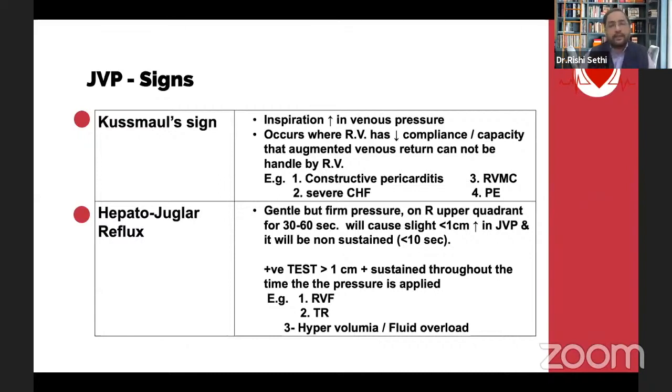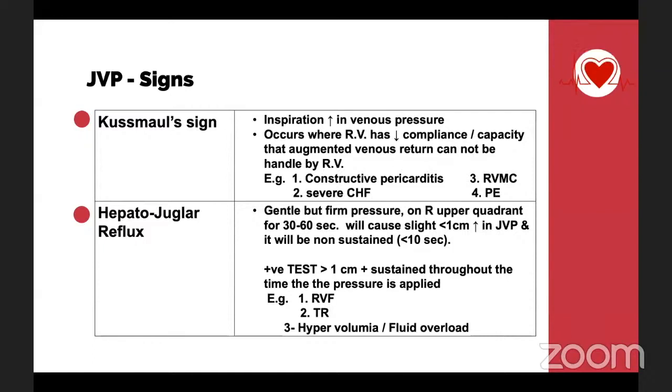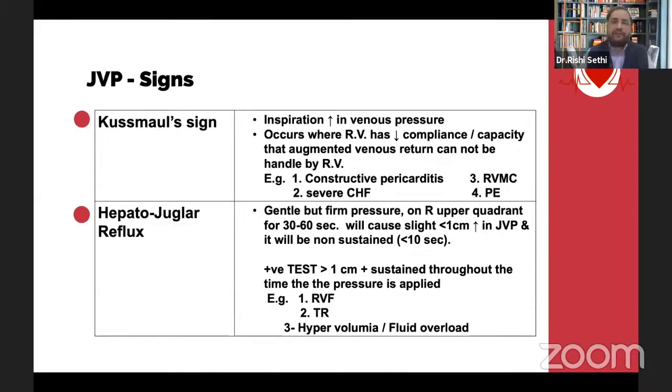Hepatojugular reflux is an examination that you do not do generally in a very gross congestive heart failure. But if there is a doubt in your mind about right heart failure, if the findings are a little soft, then you can exacerbate those findings by doing a hepatojugular reflux.